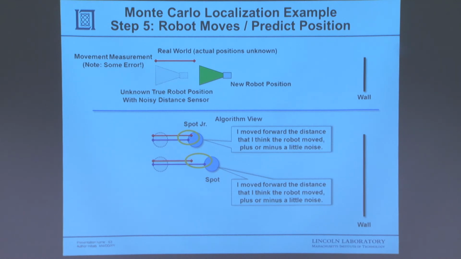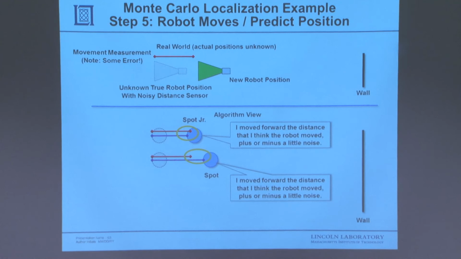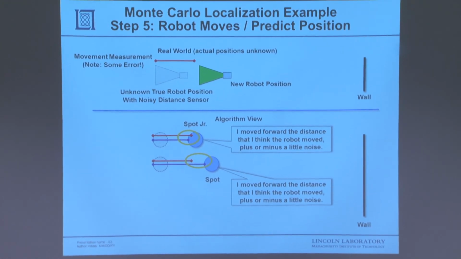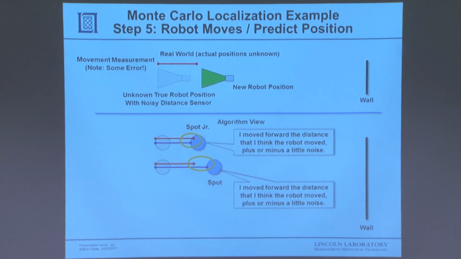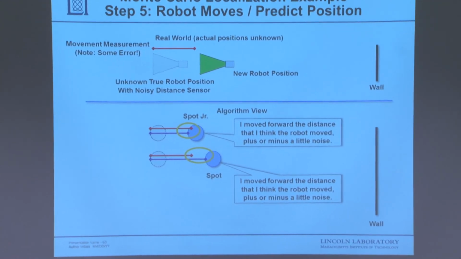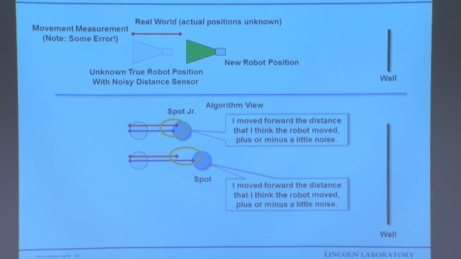Before we repeat the process, our robot moves, and so we have to update the position of all of our particles based on how far we think the robot has moved. Let's say the robot has moved 1 meter closer to the door. We update the hypothesized position of all of our particles, moving them 1 meter closer to the door, plus or minus some amount of noise.